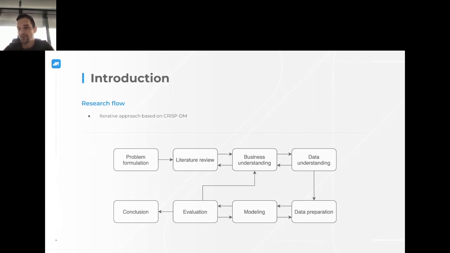And also, I forgot to mention that in business understanding and in all phases, we are interviewing a subject matter expert because we want to validate some results and so on. So every iteration, we talk with a subject matter expert in order to confirm our assumptions and drive the project forward. Data preparation, modeling, evaluation, the usual phases, and at the end, conclusion, where we produce a final report and review the project.